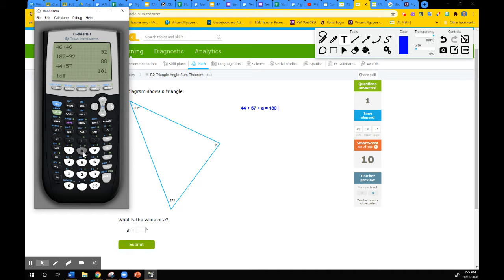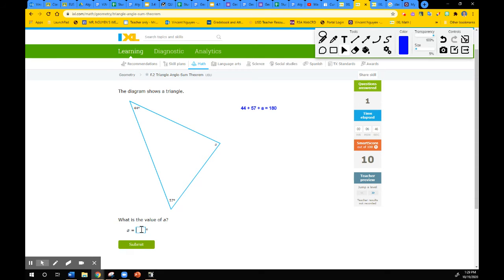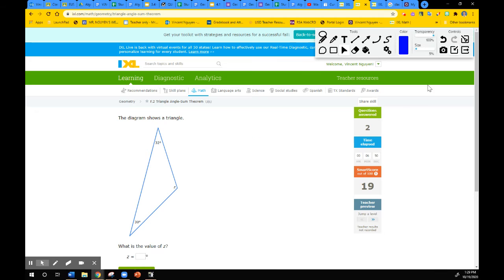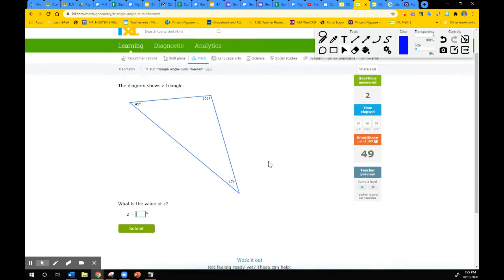So it's 180 minus that 101. That way your answer is positive. 79 is the answer here. I'm going to type in 79, and then I'm going to skip level. I'm going to jump level just so that we get an equation with actual expressions in there.